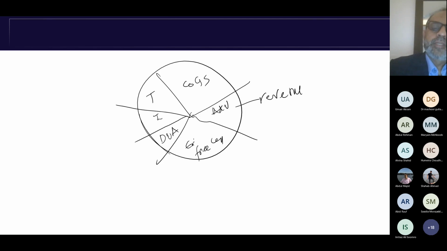And you say out of this revenue you have only, let's say, 20% free cash, and these are the profits that you are actually making, not the total revenue. And if you want to retain part of it, this is called retained earning.